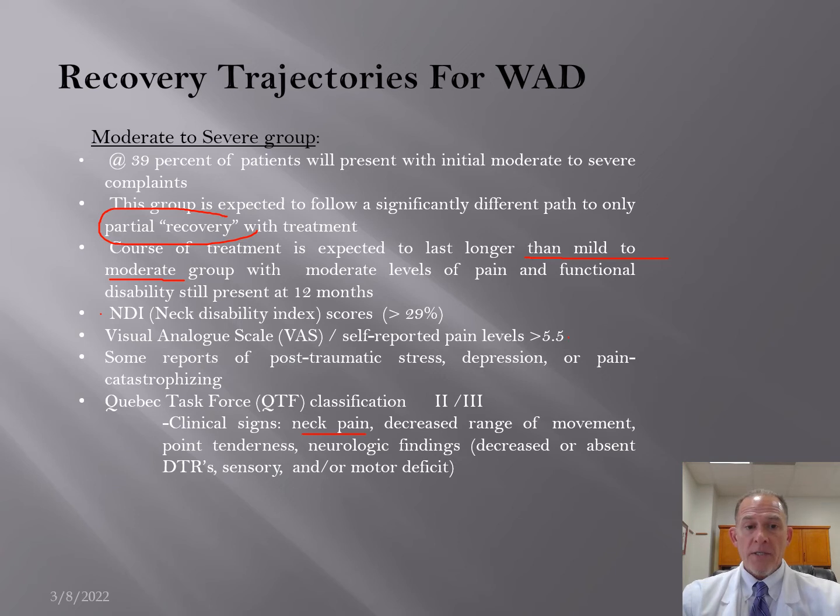We may see some reports of post-traumatic stress, and we do have patients that have sustained a concussion. They have disturbed sleep, disturbed concentration, possibly emotional lability, and we may see depression in these patients because the symptoms are strong and they last for quite a significant period of time.